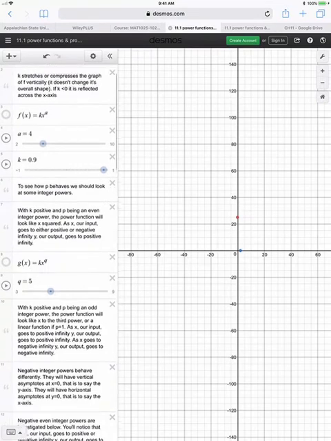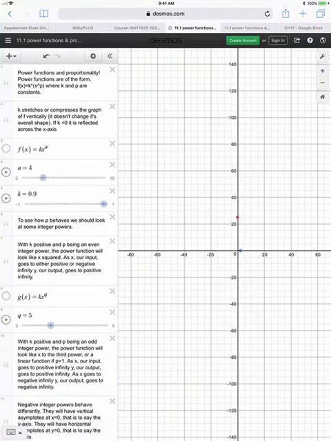So back up at the top, the very first line is power functions. They're in the form k times x to the p, where k and p are constants, and it talks about how k will stretch or compress the graph, which means flatten it, and if k is negative, it reflects it.